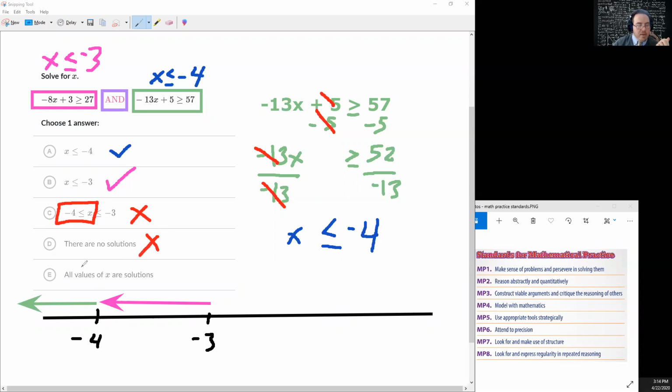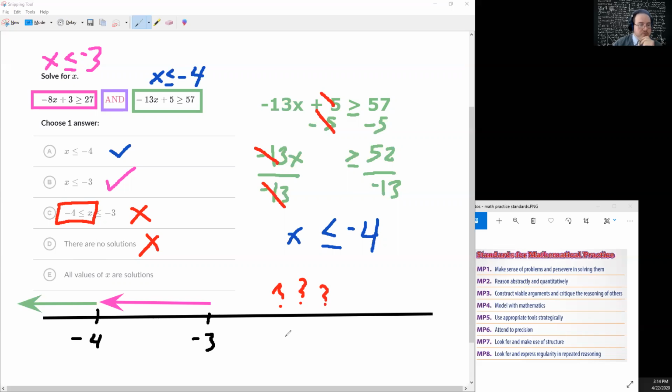So I'm pretty sure the answer is going to be E, because if x can be anything that's less than negative 3... No, it can't be all values of x. Okay, well, it's not that there's no solutions. And we can't say all values of x because what about these guys up here? What about everything that's greater than -3? So that doesn't work either.